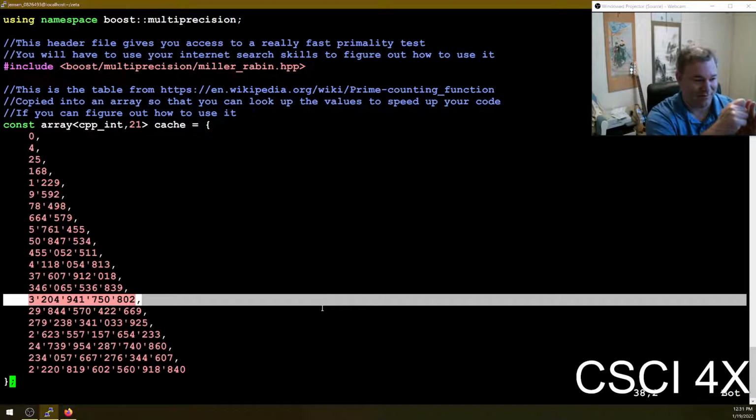I don't know which row is 100 billion, but you pull that number out, and then you just loop one time from 100 billion to 100 billion and 100,000, and every time you find a new prime, it goes up by 1. You just add all those numbers together. So it's a very fast, singly nested for loop, order n.